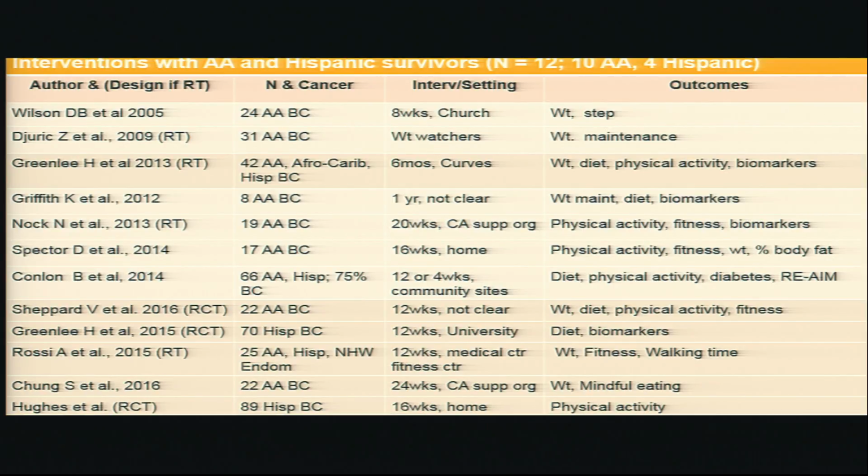And then Monica Baskin has a big study going on down in the South. So what we see here is nearly every single one, except for one, is among breast cancer survivors. Largest sample size is 89. There are fewer among Hispanics, so we've got 4 with Hispanic, 10 with African American. There were 12 studies total. So we certainly have our work cut out for us.